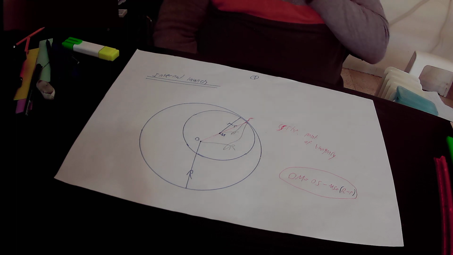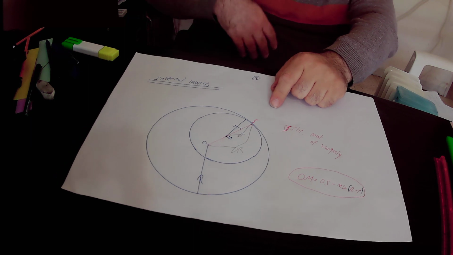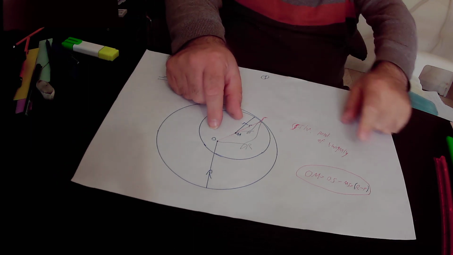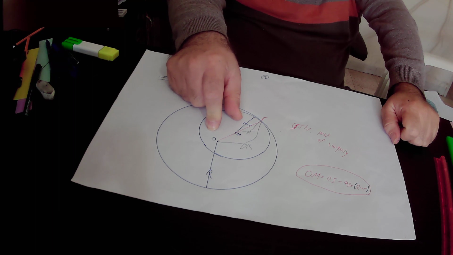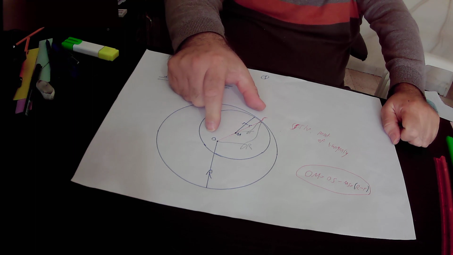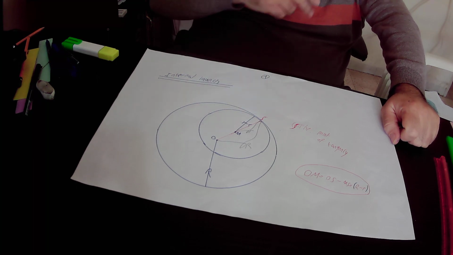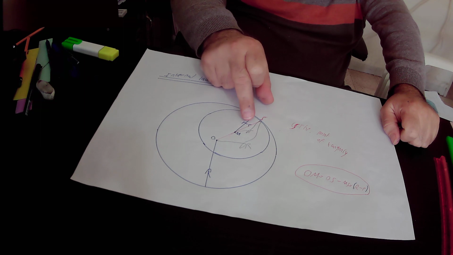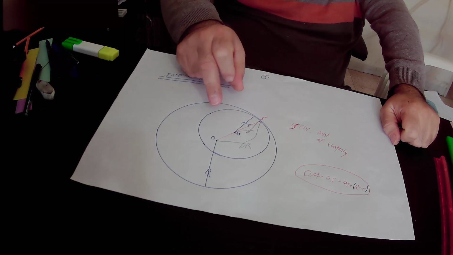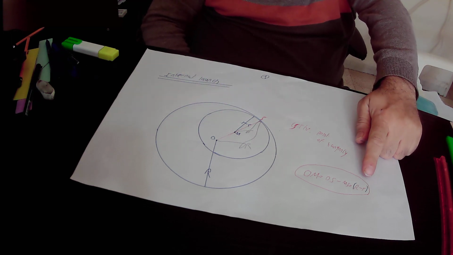And here the distance between their centers is OM, and you can see it easily from the drawing that OM is equal to OS minus MS. So OS is capital R and MS is small r. So in conclusion, we found out that OM is equal to capital R minus small r.